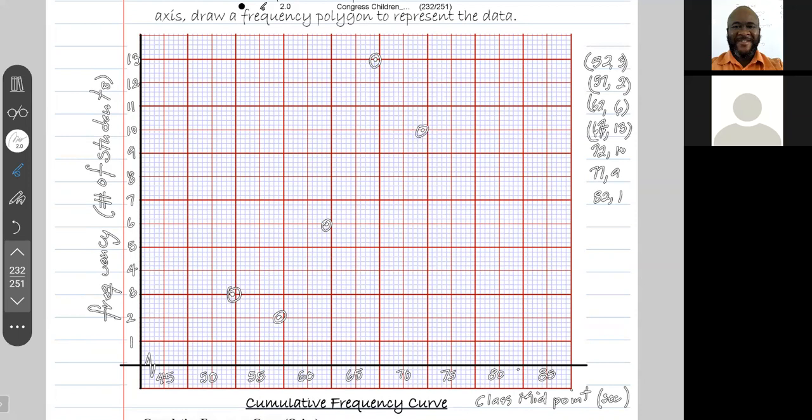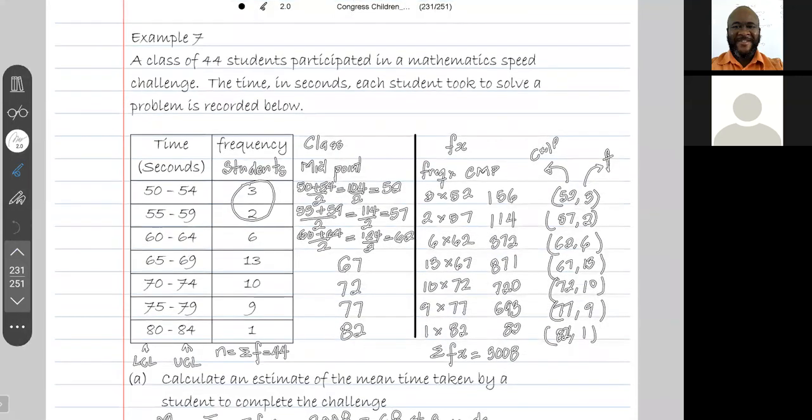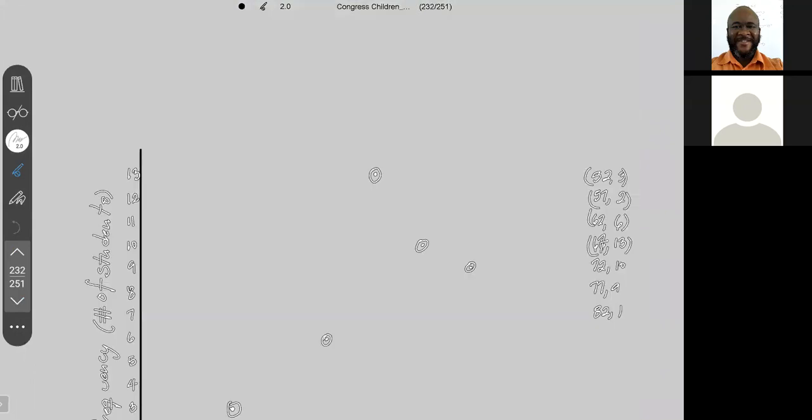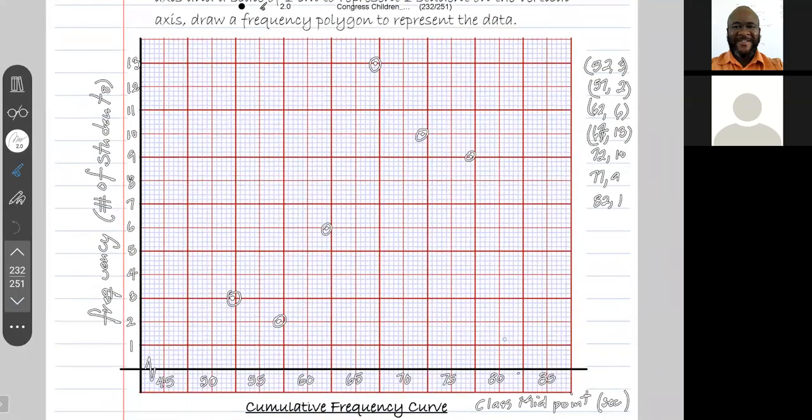Then 77, 9 would put me here. And 82, 1. Is it 1? Yep, 82, 1. That would put me here. So we have all the points now necessary to draw our frequency polygon.